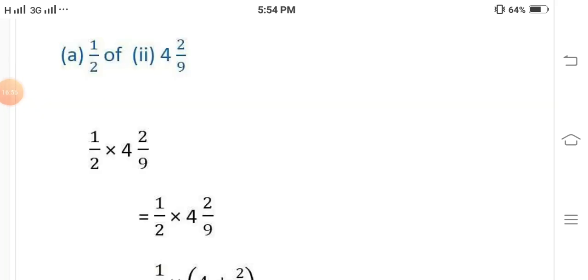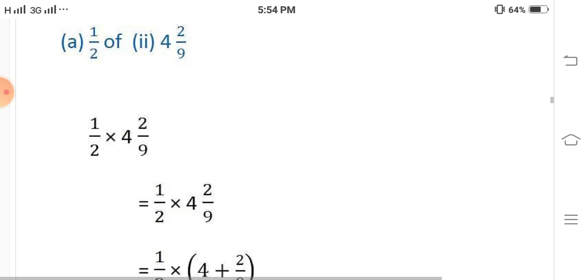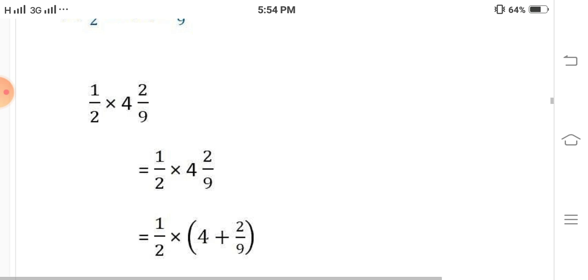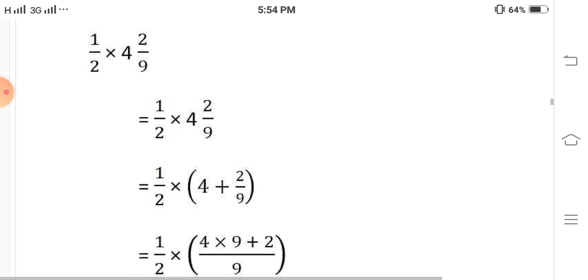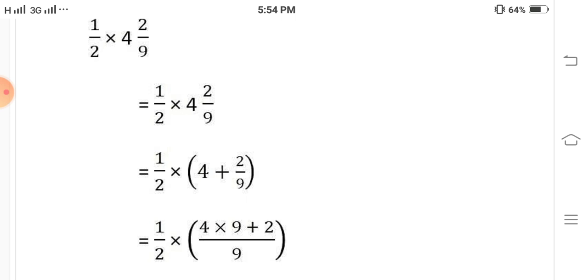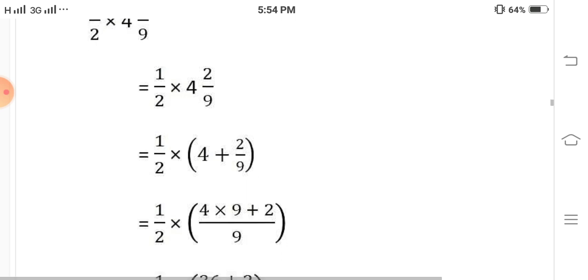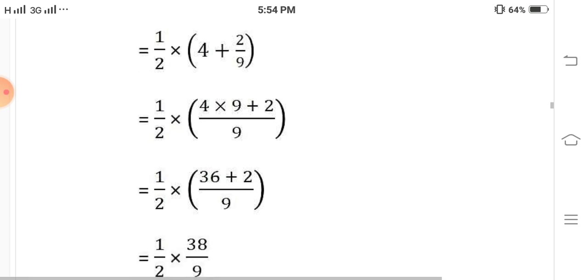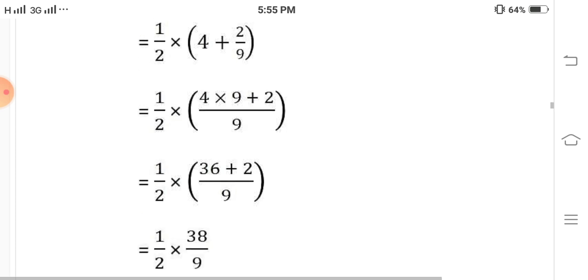Similarly, the second part of A, 1 by 2 multiplied by 4 2 upon 9. It becomes 1 by 2 multiplied by 4 plus 2 upon 9, which is further equals to 1 by 2 multiplied by 9 multiplied by 4 plus 2 upon 9. 4 nines are 36 plus 2 upon 9, which is equals to 1 by 2 multiplied by 38 upon 9.